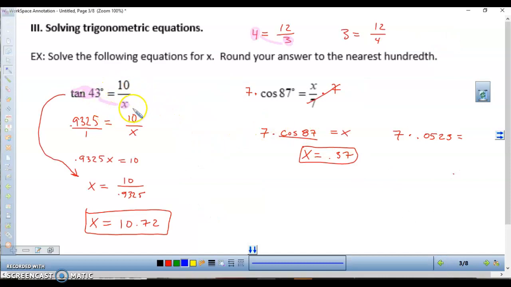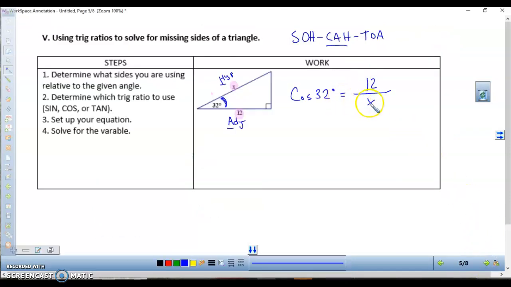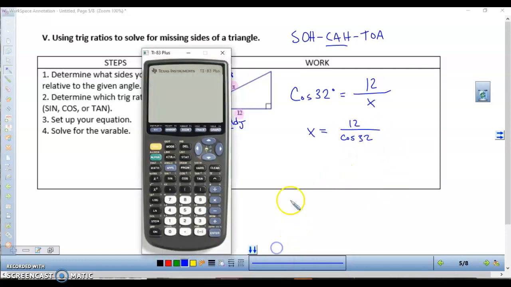And notice x is in the denominator in the problem we're currently working on, so I'm simply going to do the little swap trick that I taught you. So when the variable is in the denominator, I can simply swap these two things. So I can say that x will equal 12 divided by the cosine of 32. Now, you can use the table, of course, and you can get a decimal for cosine of 32, or you can just go straight to your calculator and type it in.